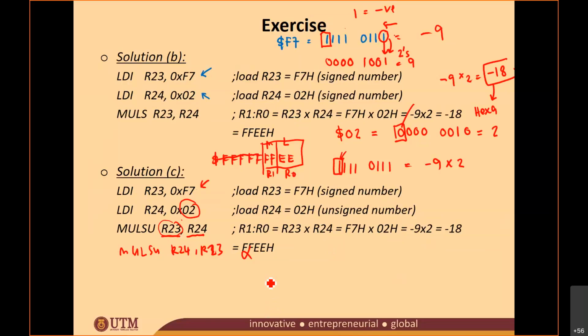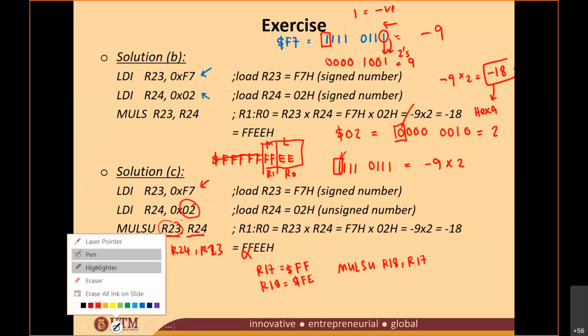So contoh, R17 have FF while R18 have FE. Then you write down MULSU R18, R17. So you know that, by looking at these orders here.